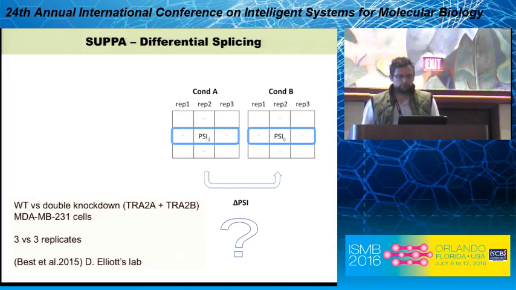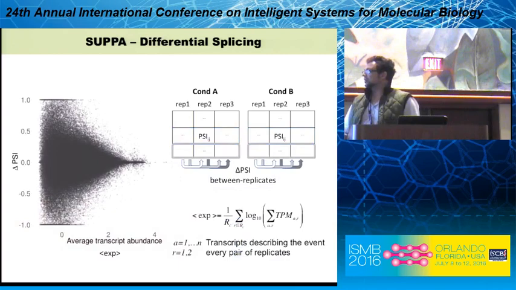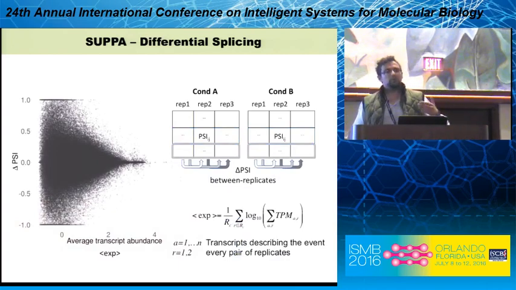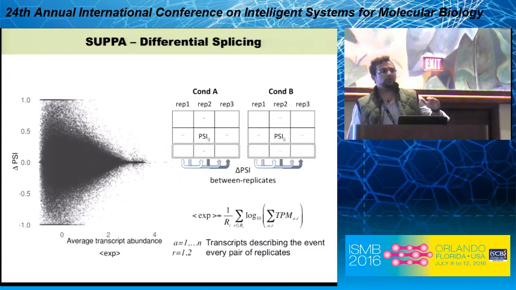The idea is simply revisiting what Hande mentioned before, that there is a dispersion of the inclusion level of the transcripts, or of the expression, as a function of the actual expression. For delta PSIs, we observe the same thing. These are the delta PSIs between replicates. They are supposed to be the same, but they are not the same.